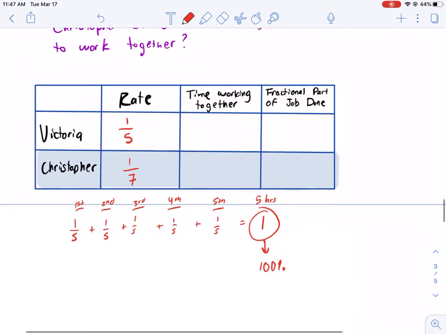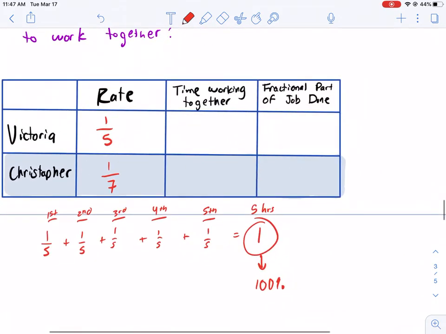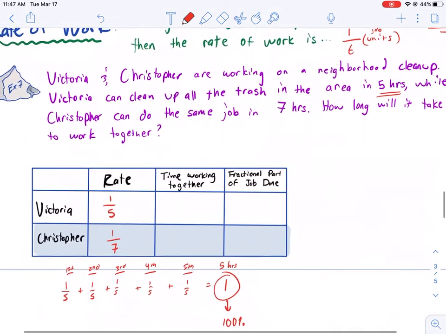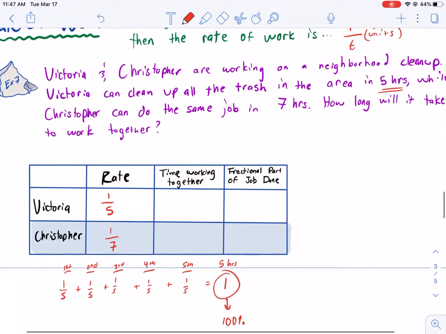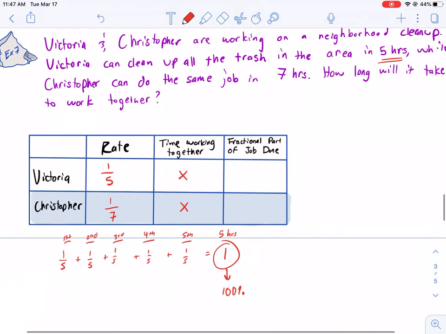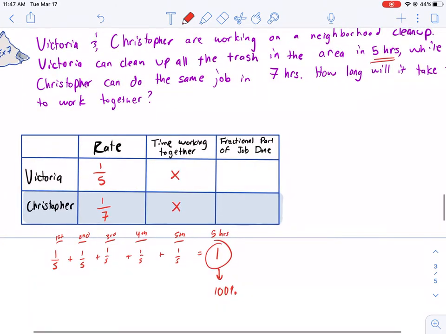Now, time working together. Well, they work together for the same amount of time. Do we know how much time that takes? We do not. It's an unknown amount of time. But we know they're going to be going faster together than they would by themselves.